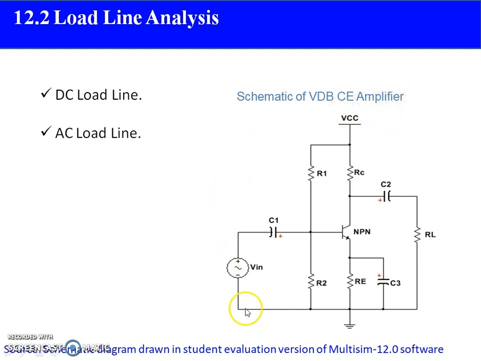For the given configuration, we need to discuss how to draw a DC load line, and then how to draw an AC load line, and then we are going to analyze the components of the AC load line and DC load line. We decide the Q point location, and then we further discuss the operation of the amplifier.